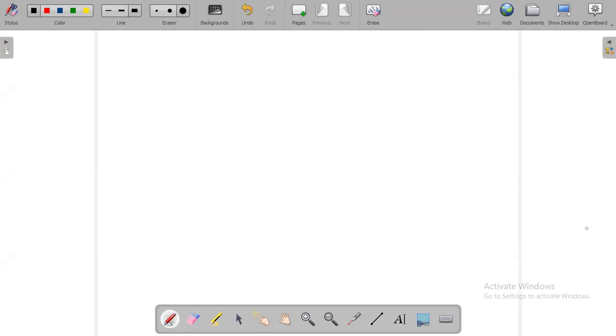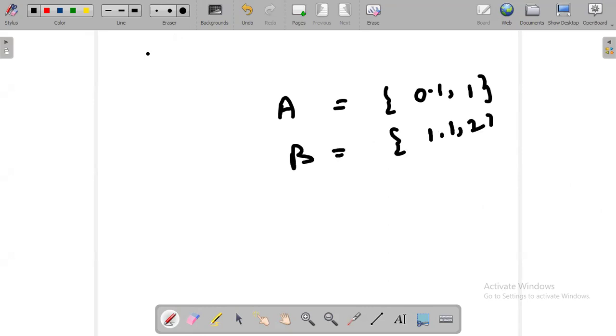Suppose A equals 0.1, 1. B equals, these are membership values, sorry, 2 will not be there, that will be 0.2, 1. C equals 0.2, 0.3.